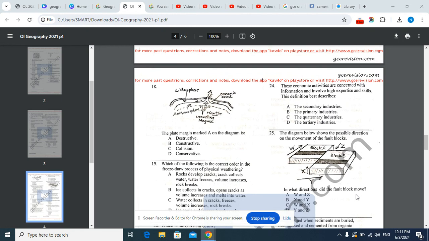This definition best describes. The answer is C.